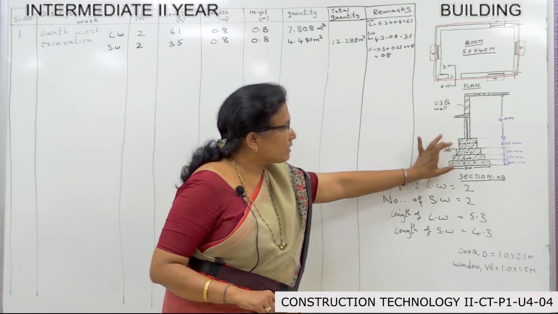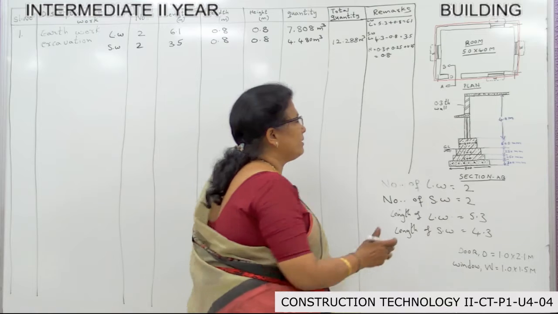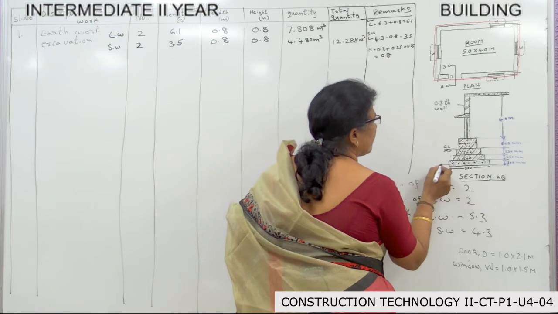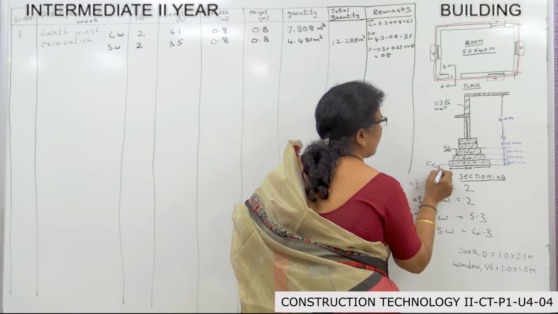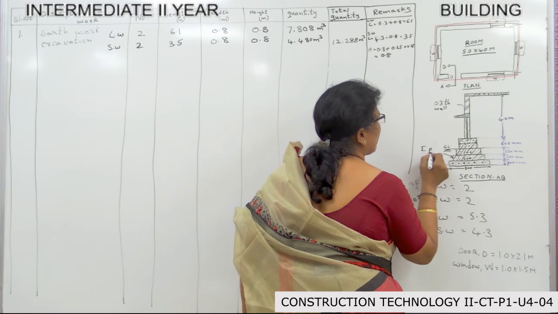So earthwork excavation calculation part is over. Now coming to next, what? After earthwork excavation, next item is CC bed. This is CC bed.